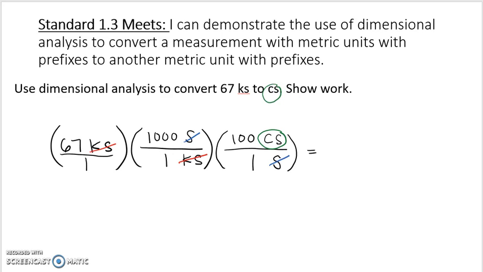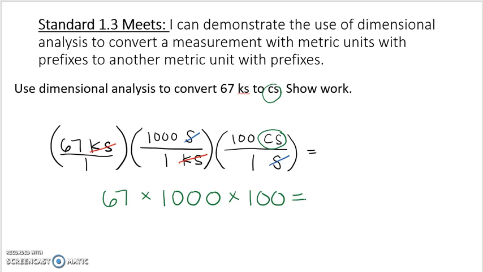To do my math, I take 67. 1,000 is on the top, so I multiply by it because it's on the top. I don't need to divide by 1 because dividing by 1 gives you the same answer. 100 is on top, so I multiply by it because it's on the top. I don't need to divide by 1 because dividing by 1 is going to give you the same answer.